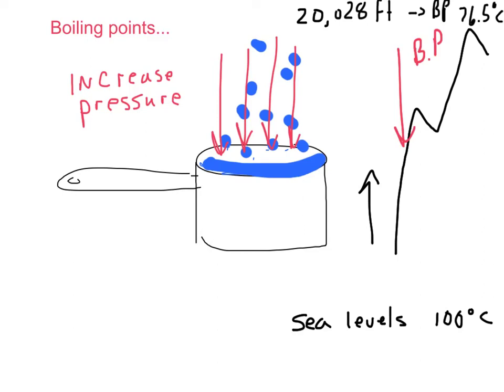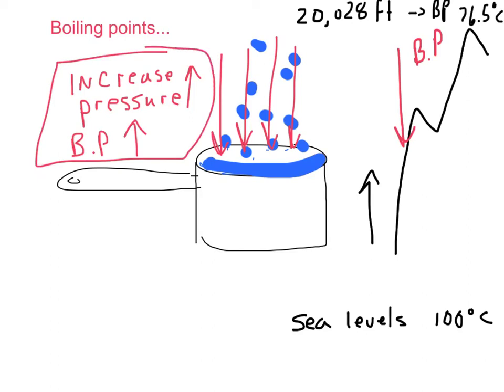If I increase the pressure, the boiling point also increases. So you got to keep these two separate. If I increase the pressure, boiling point increases. If I increase the altitude or height from sea level, then my boiling point goes down. All right, try and keep those separate.